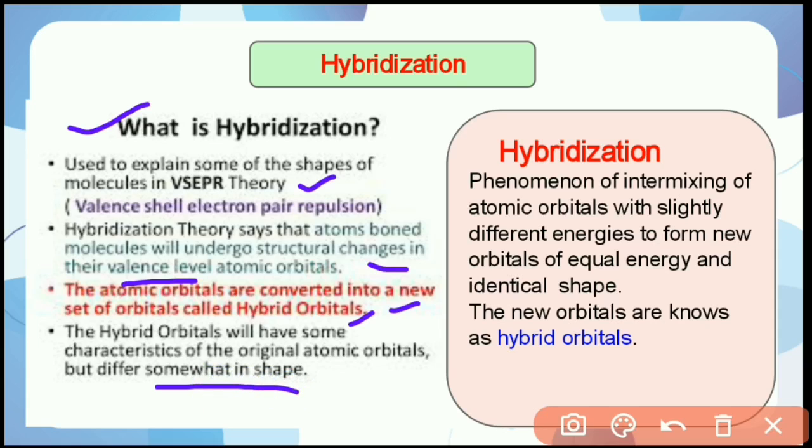So we can define hybridization as the phenomenon of intermixing of atomic orbitals with slightly different energy to form new hybrid orbitals of equal energy and identical shape.